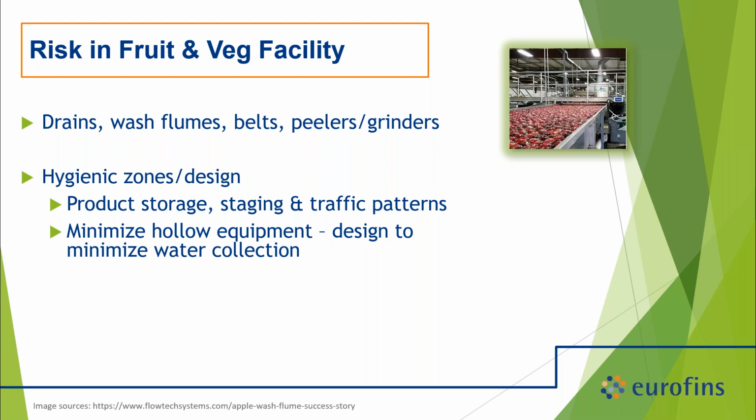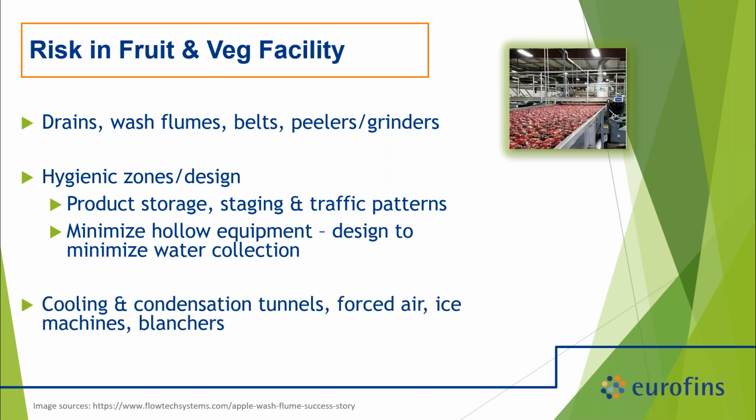And it gets back to that question I posed earlier about the bathroom scales. What time of day you get on and off the bathroom scale changes what risk you'll have. Well, with hollow equipment, once it's vibrating, once it's moving in production processing, it could be aerosolizing risk into your zone ones, as well as obviously the rest of your facility. So we really want to minimize hollow equipment because it can cause water collection, and water is obviously a big way we control and move product around in fruit and veg processing.